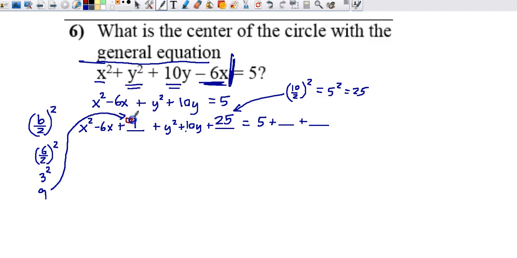So let me make those a different color. What you add to one side, you got to add to the other. So if I put a 9 and 25 here, that'll balance out the equation. All right, the next step is to factor what multiplies to 9 and adds to negative 6.